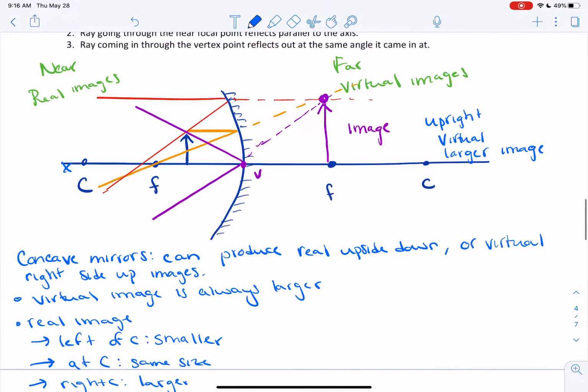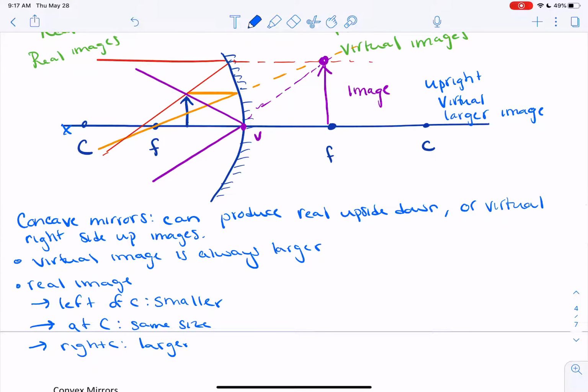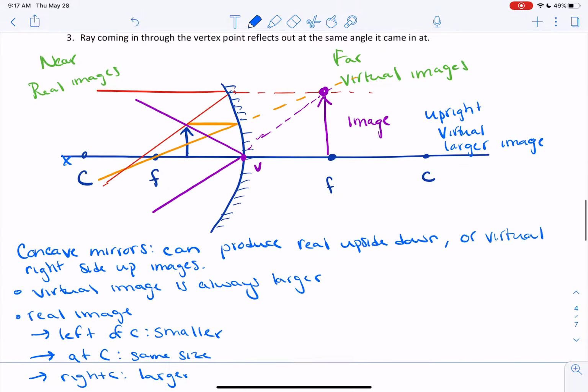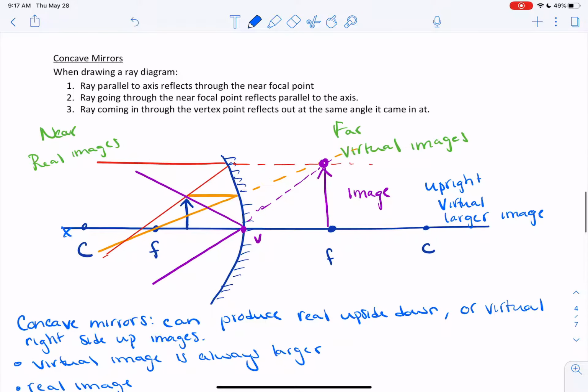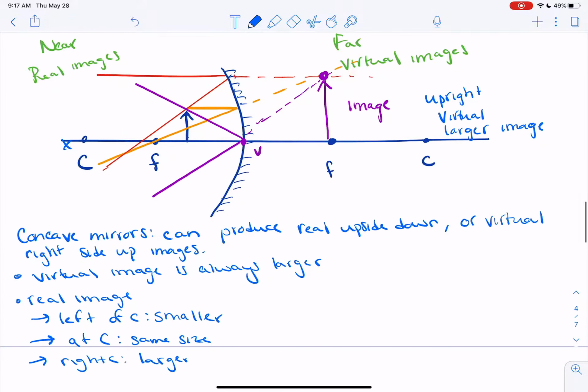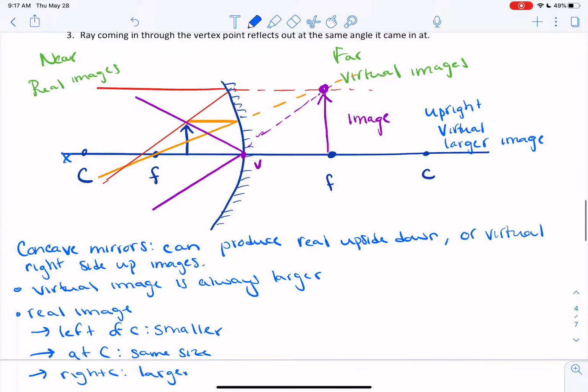Okay, and you could go through a ray diagram and see each of those findings. All right, so we need to be able to draw a ray diagram for a concave mirror by drawing these 3 lines. We realize that they can produce real upside down or virtual right side up images. A virtual image for a concave mirror is always going to be larger. A real image is going to be smaller, the same size, or larger, depending on where your object is.